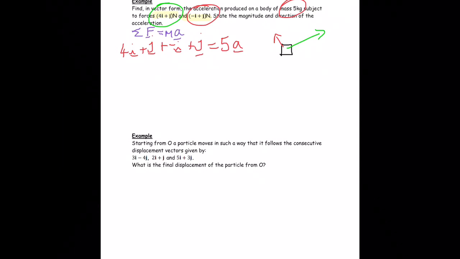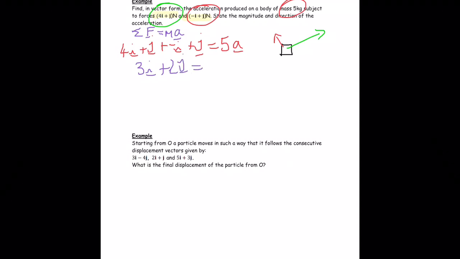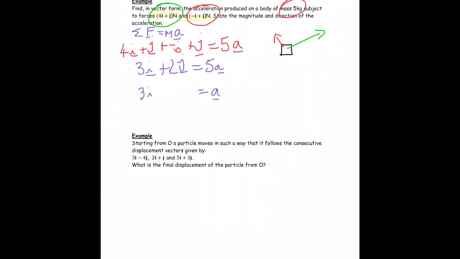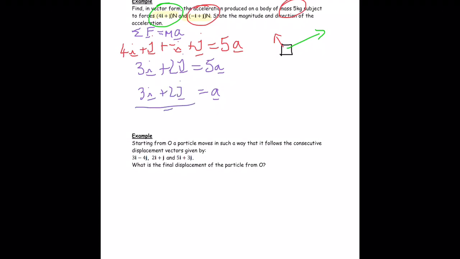So in this case, I'm going to have 3I plus 2J equals 5 times the acceleration, and so my acceleration vector, quite simply, if I divide by 5, will be 3I plus 2J over 5. Or I could do the 3 in front of the I divided by 5 and the 2 in front of the J divided by 5.